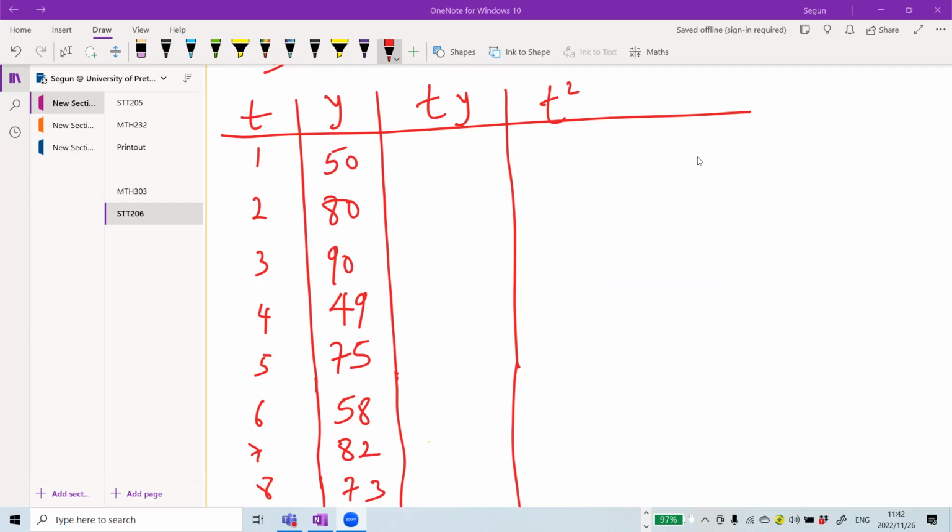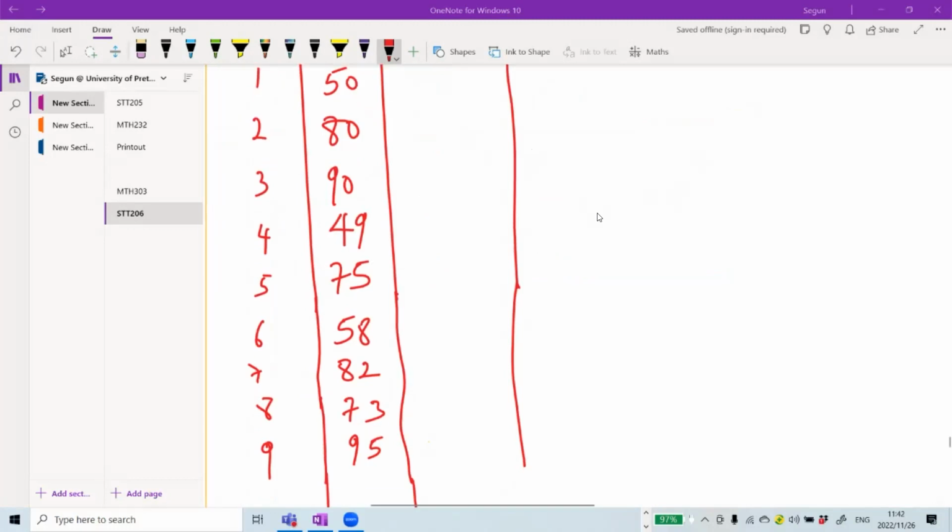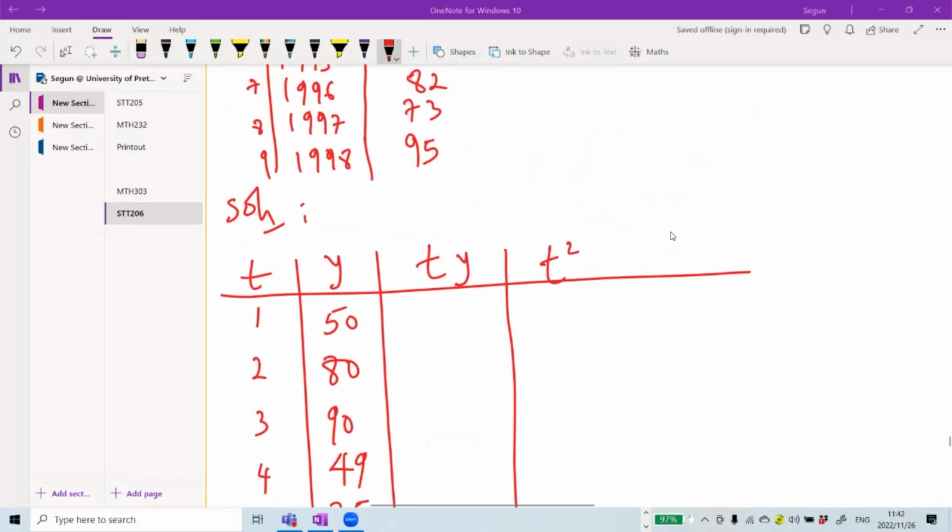Where do you see 100? You've not answered my question. I said TY and T squared first. That is, square each of your T. Your T is here. 1 square is 1. 2 square is 4. 3 square is 9. 4 square is 16. So that's what I asked you to do.